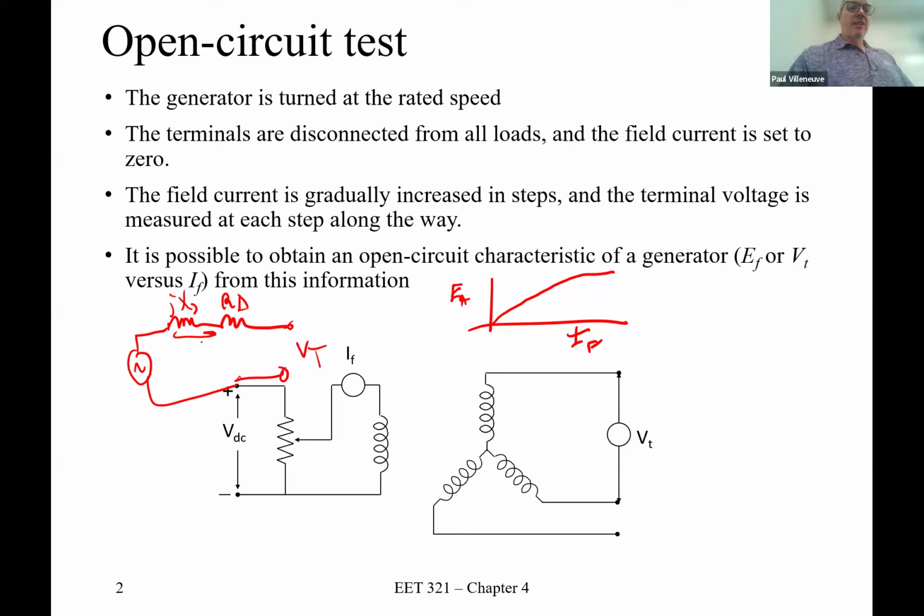No load means I is equal to 0, which means EA is going to be the same as VT. So running it under no load condition means I get no voltage drop, so I'm directly measuring the value of EA. But all I can get is the open circuit characteristic, or the OCC. That's what I do for the open circuit test.